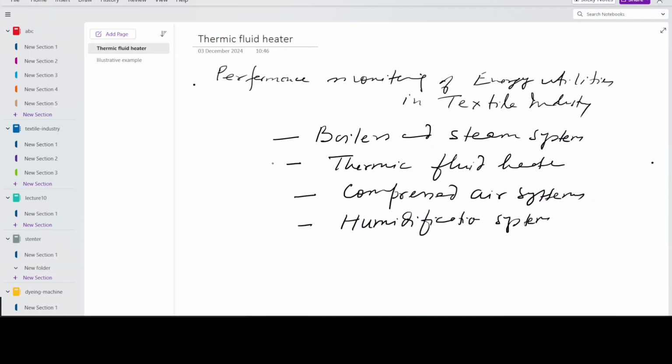Here in detail we will read about thermic fluid heater and humidification system. Today we are going to cover thermic fluid heater.